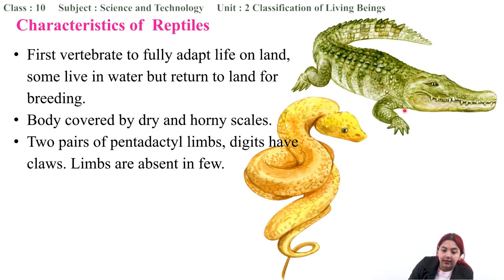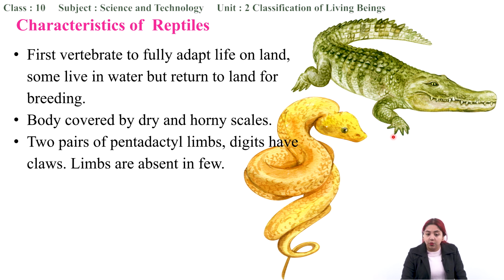You can see that this is a crocodile. It has four limbs, this is a hind limb, and it also has another hind limb on this side. You cannot see it in this diagram, but it is present on the other side and is hidden. So it has one pair of hind limbs and one pair of forelimbs, and it has pentadactyl limbs, meaning it has 5 digits.